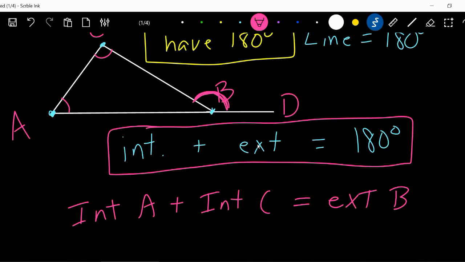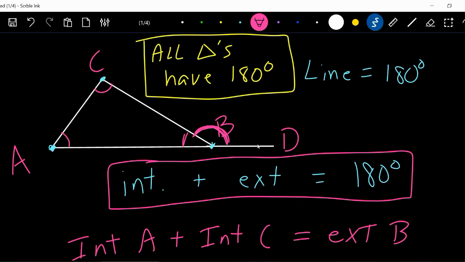It has to, because they all equal 180. The exterior plus the interior equals 180, because it's a straight line. And if all triangles have 180 degrees, that means this exterior B is going to equal this plus this. It has to.